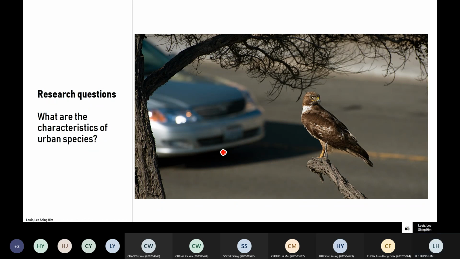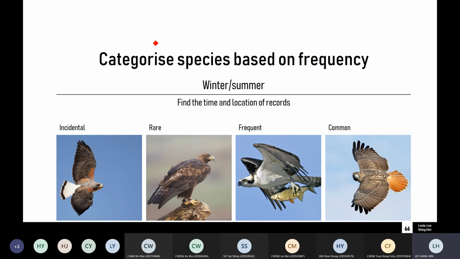So you see the background is in the city, and then they are asking, okay, if we see raptors in the urban, then what are their characteristics, or what kind of species can we expect in urban?